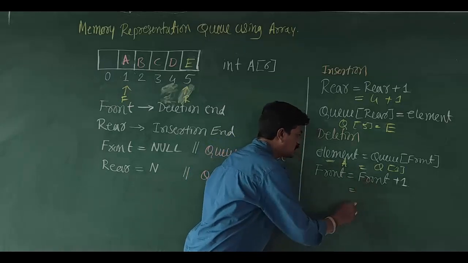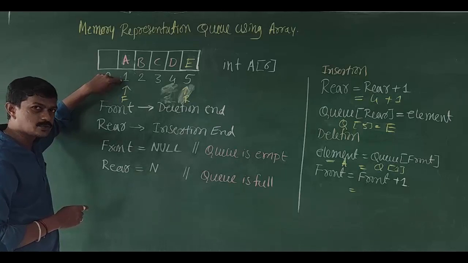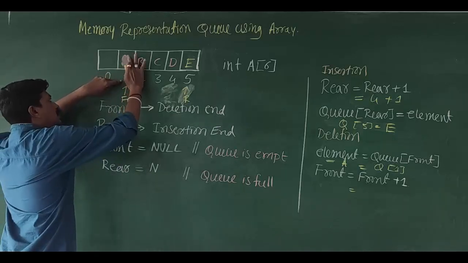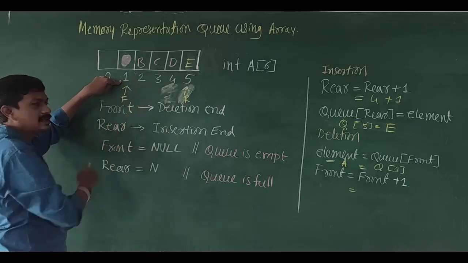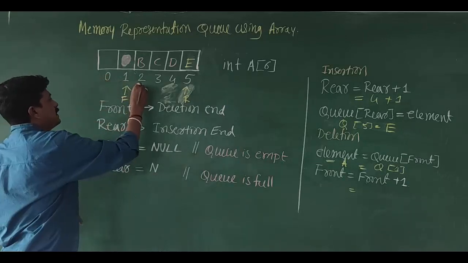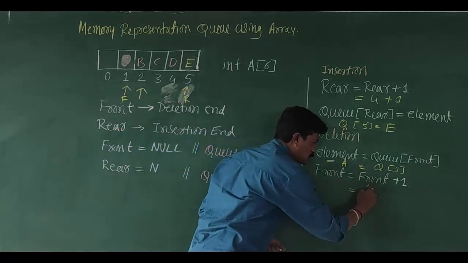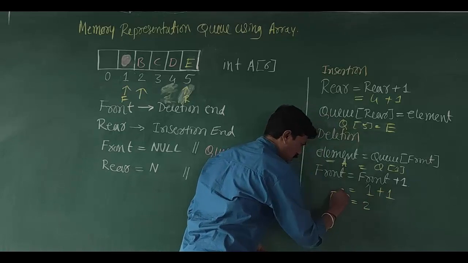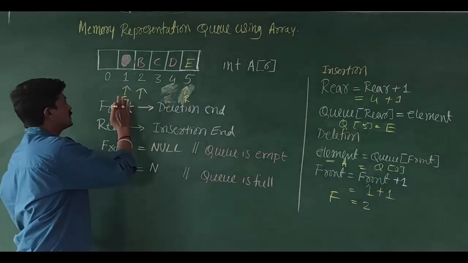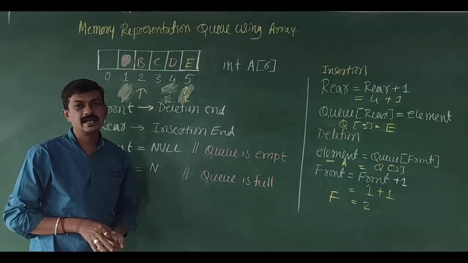Initially the front pointer is pointing to index 1. After deleting an element from this queue data structure, I need to increase the front pointer to index 2. How? Initially front pointer is pointing to 1, 1 plus 1 is 2. Now the front pointer is pointing to the second index of this array.